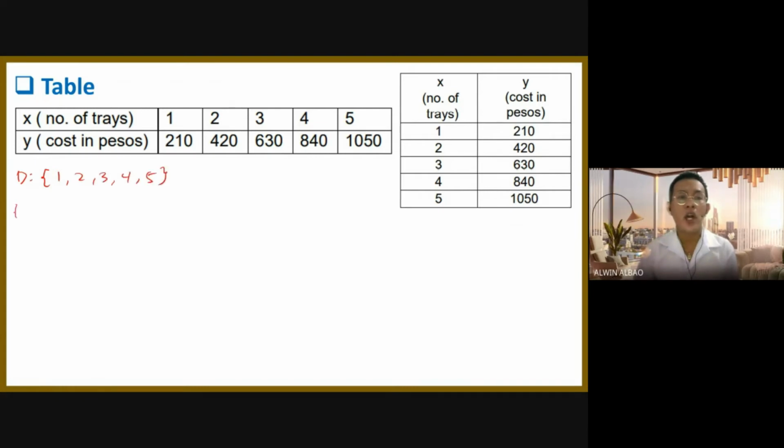Our range is 210, 420, 630, 840, and 1050. So this will be our domain and range for the given table. Same with this, since the values are the same, our domain and range are also the same.